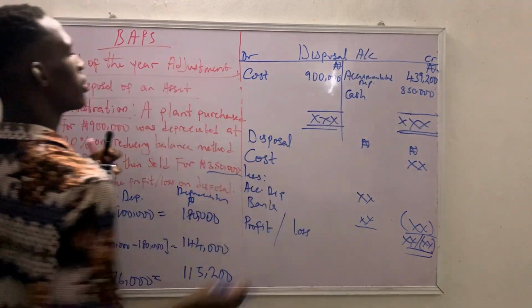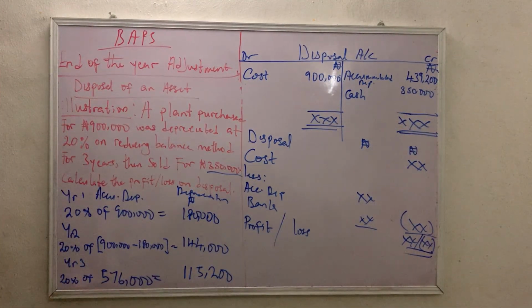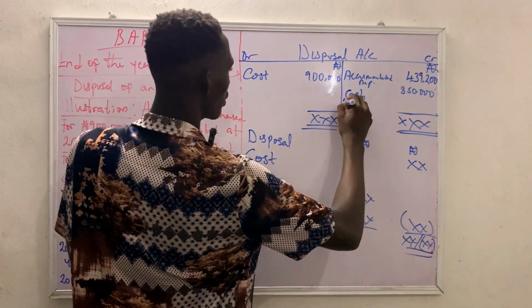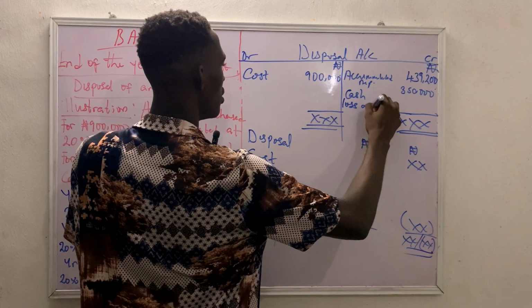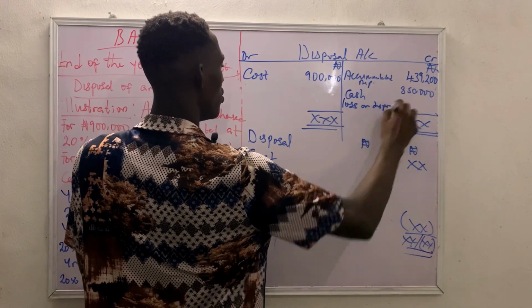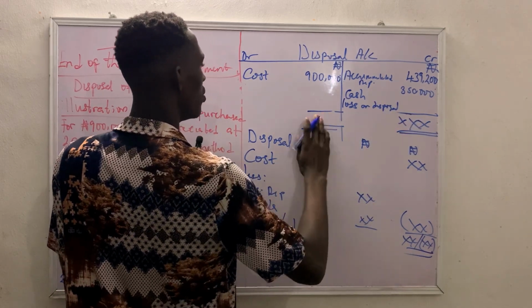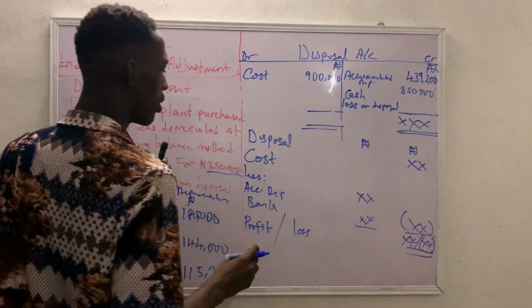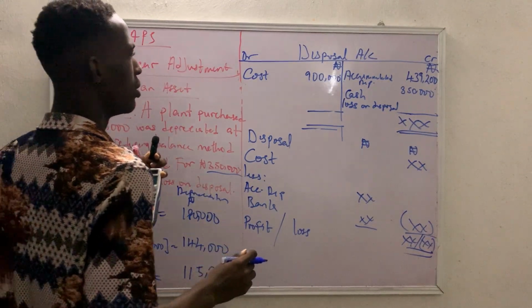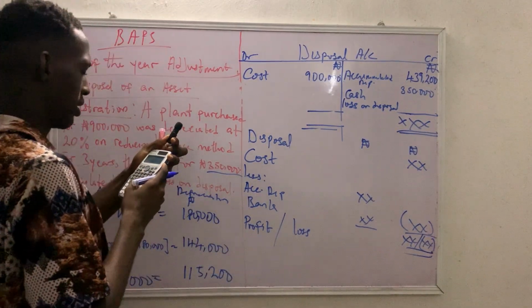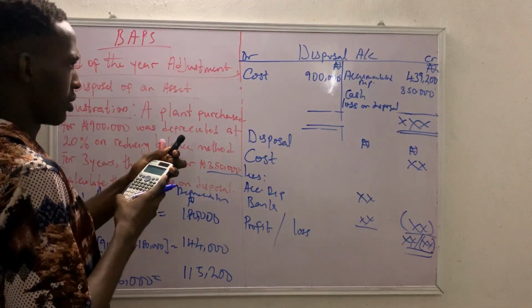So by the time we sum this up, obviously it is not up to our cost. So because it is not up to our cost, therefore they are incurring a loss on disposal. You understand? So let's do the calculation.